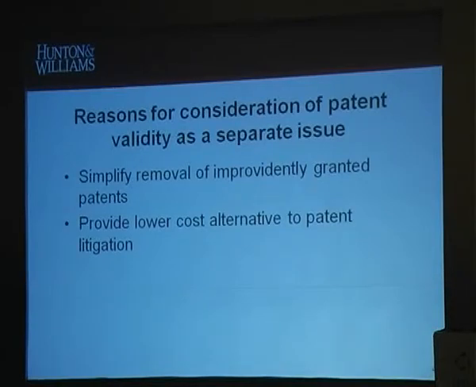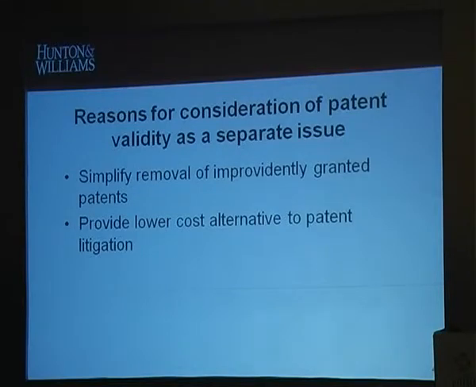The reasons that the AIA included new ways of challenging patents included the concept that there are a fair number of patents that should not have been granted, that are invalid in fact, even though the examiner didn't realize it.